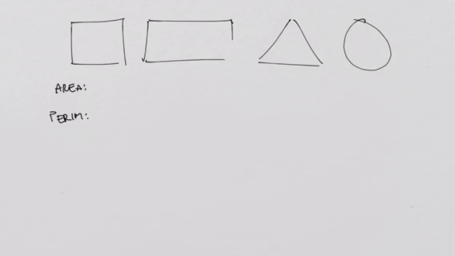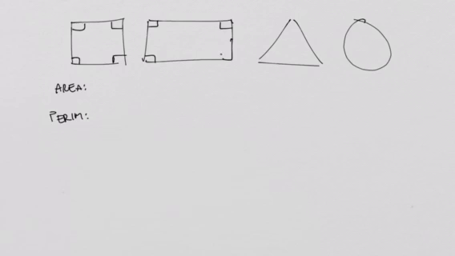So area is always going to be length times width. It almost doesn't matter what you call the length or the width. If you want to call one side the length, one side the width, it really doesn't matter. The whole point is that you understand how these different sides are related to each other.